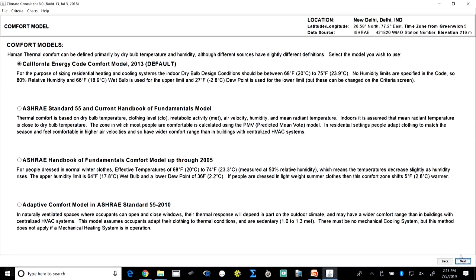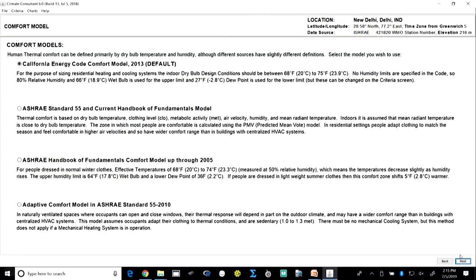Now, once we have selected the weather data file, then we come to selection of comfort model. When we were talking about thermal comfort, we looked at the different comfort models which are there. If we look at the ASHRAE standard 55 and the current handbook of fundamentals model, we are looking at PMV, thermal comfort defined as PMV minus 0.5 to plus 0.5.